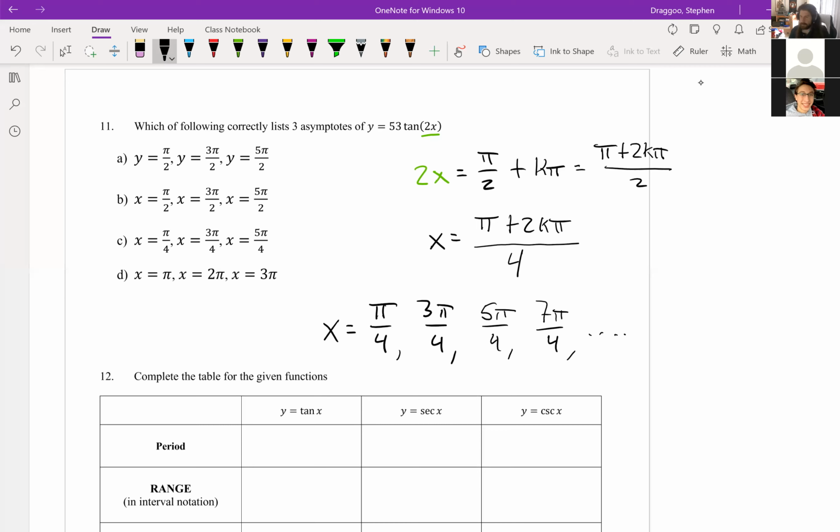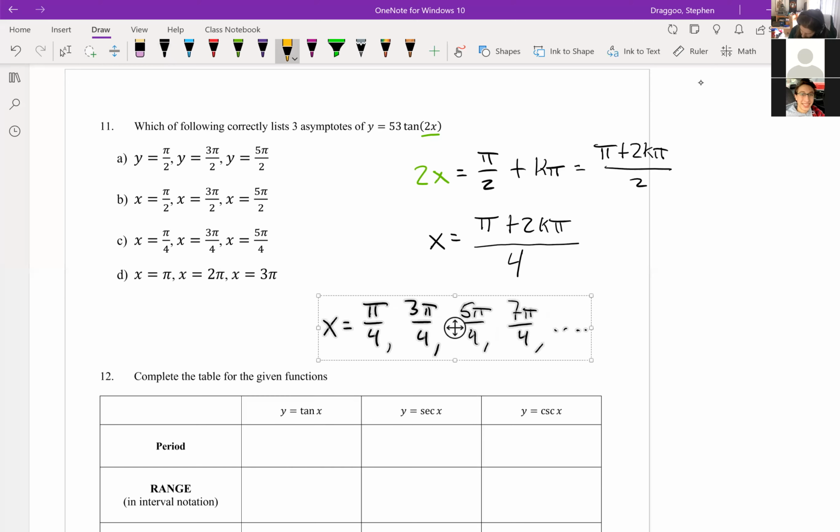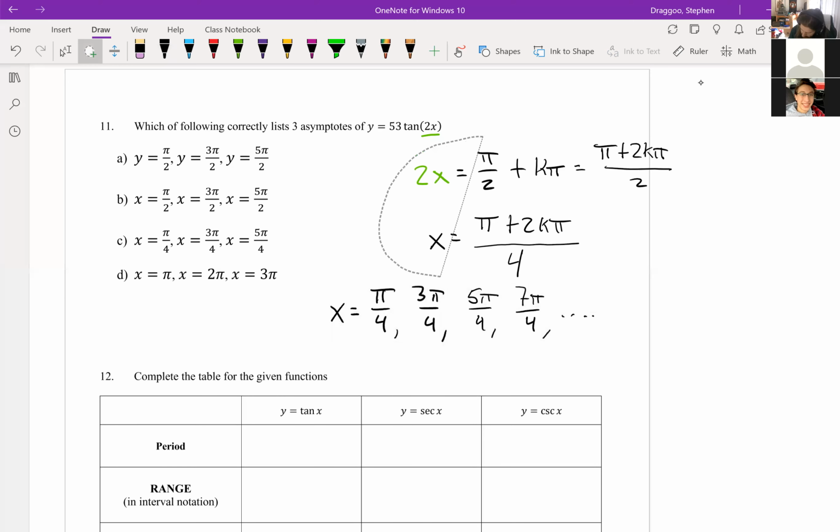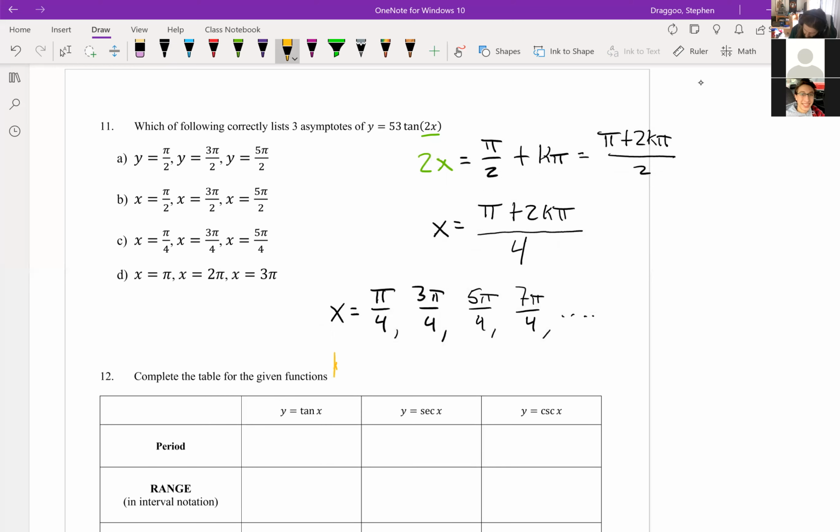It's just going to be odd multiples of pi over 4, for k equals 0, 1, 2, 3, and on like that. So we wanted the one that matches up to some of these asymptotes, which is going to be option C.